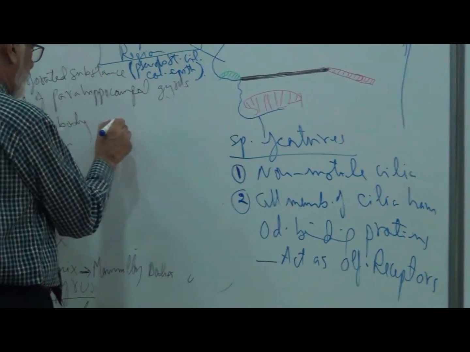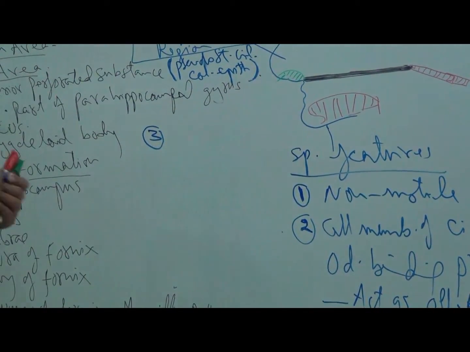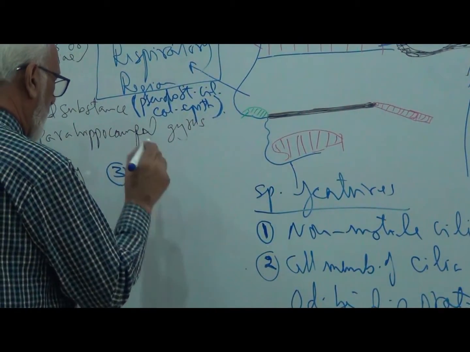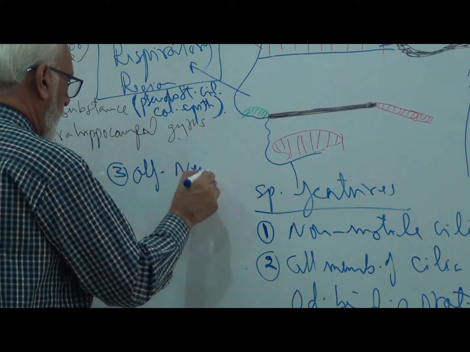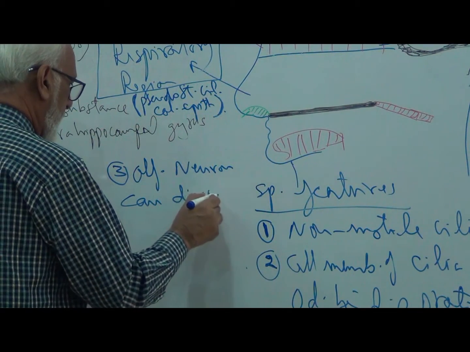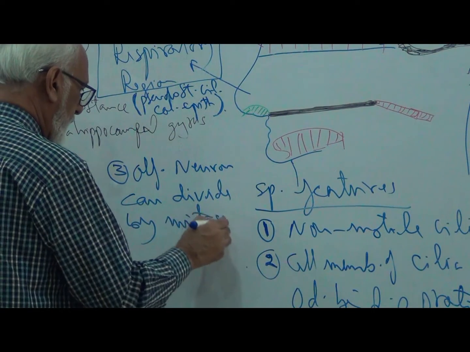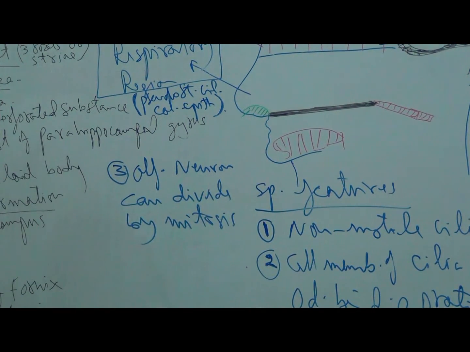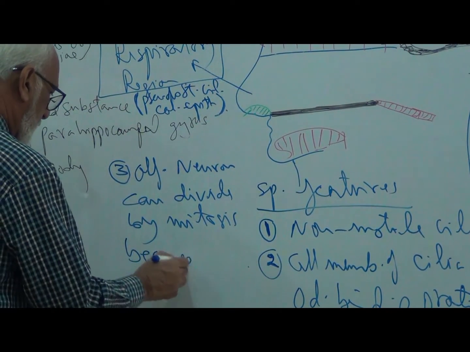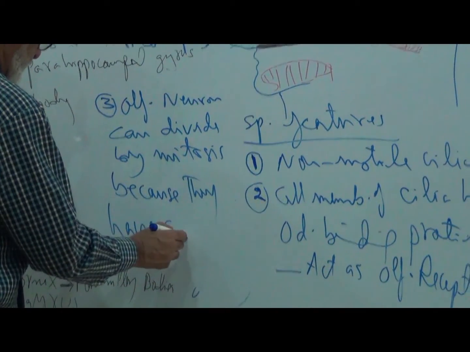Number three, the olfactory neurons can divide by mitosis. They replicate by cell division because they have centrioles.